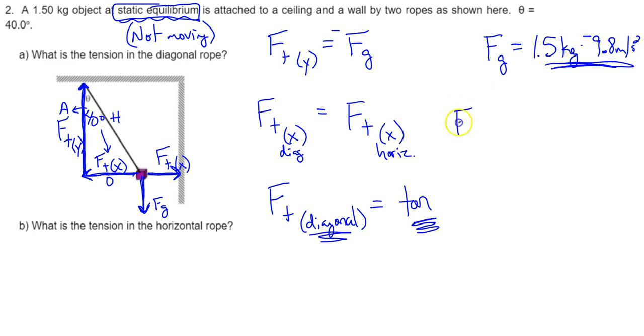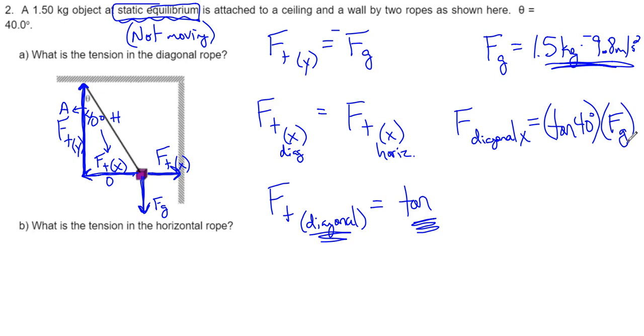Then from there, you can set it up by taking that force of gravity, so our x direction. So F diagonal of the x is going to be equal to tangent of 40 degrees times your force of gravity that you just calculated.